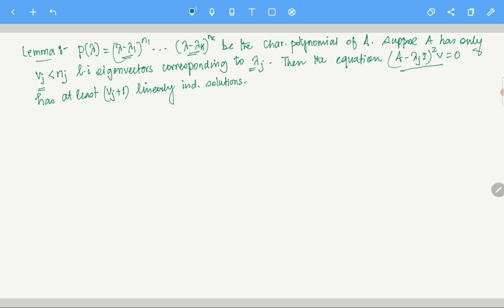So more generally, you understand what I am trying to say. If it is the square, just one extra.